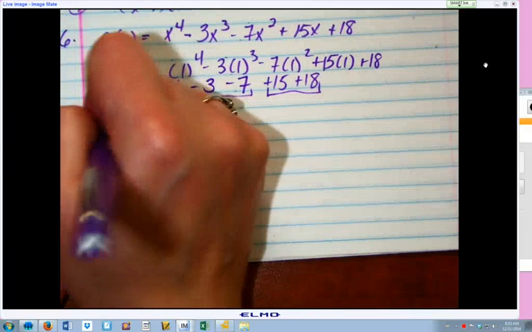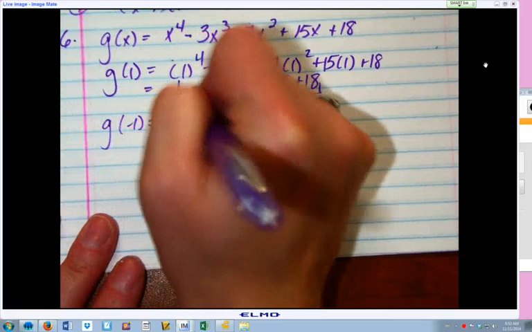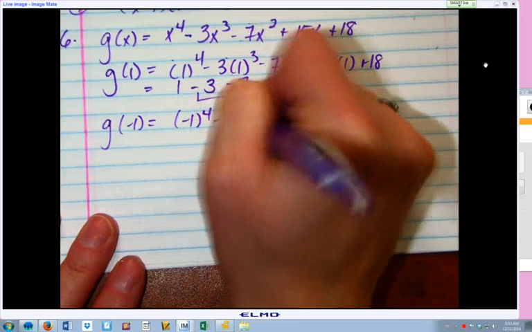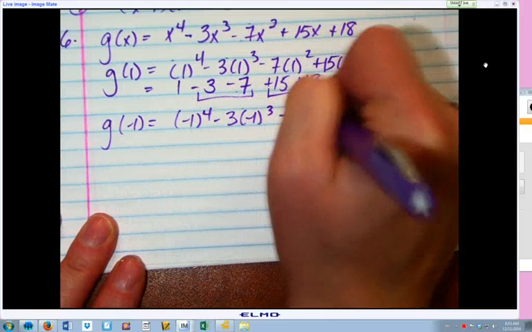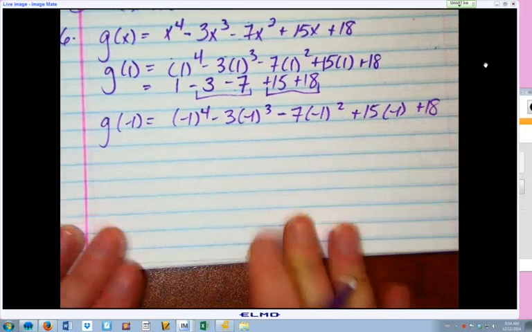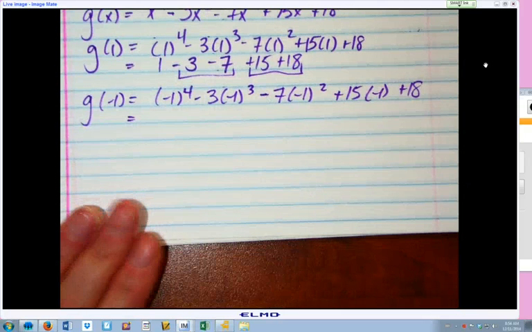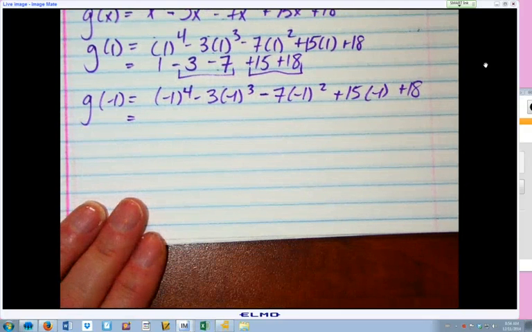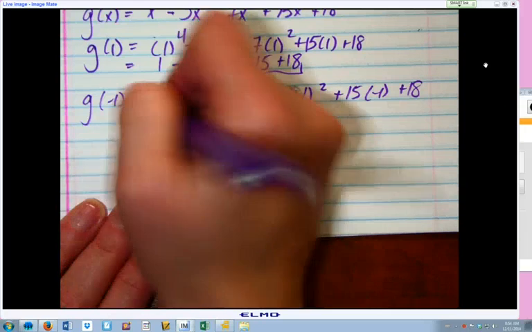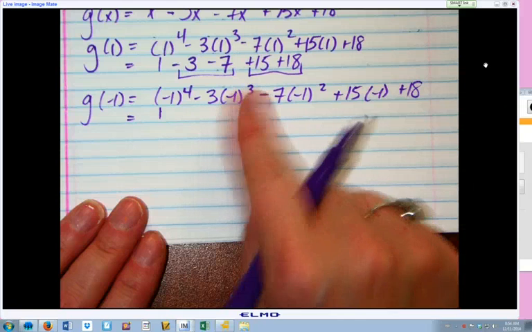Okay, what would you like to try for a second value? Negative 1 to the 4th. Negative 1 cubed times minus 3. So do the negative 1 cubed first.